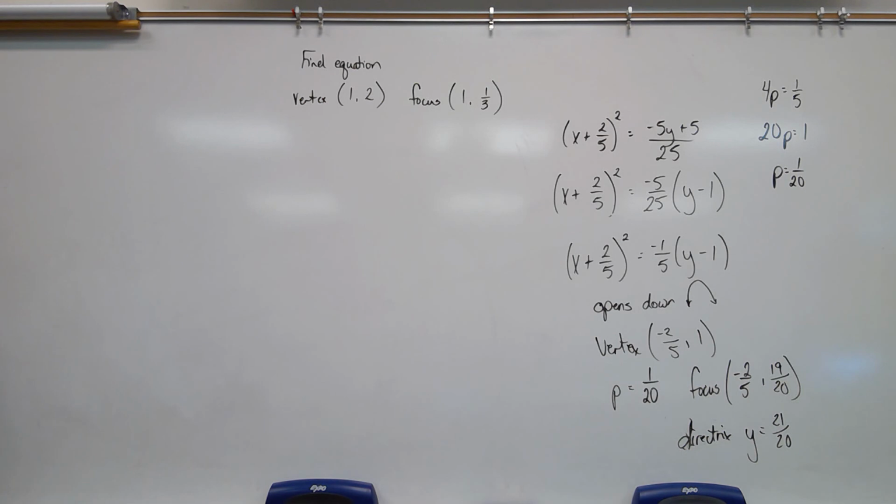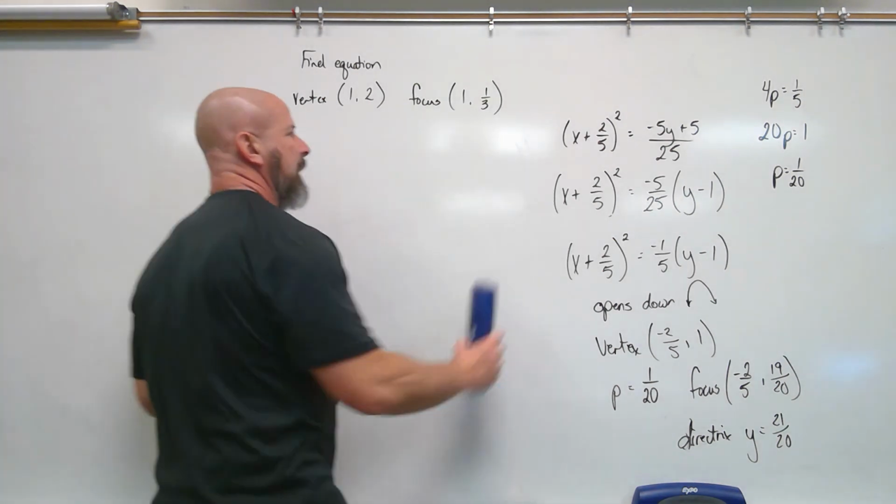So I'm still dealing with a situation here where I've got some fractions involved. So that being said, one of the things I do need to figure out first and foremost is which way this parabola is opening. Is it up, down, left, or right?